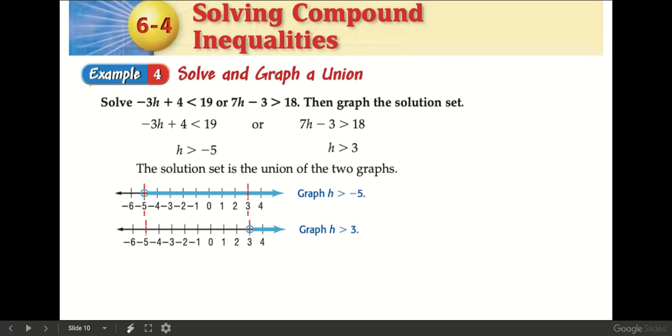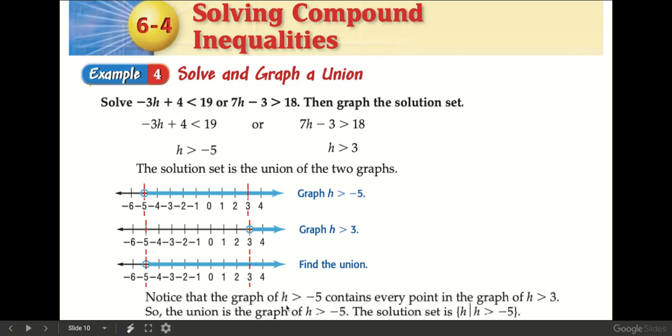So the union of these two is if I were to combine both of these together, which would actually just be this one, because if a number is greater than 3, it's also going to satisfy this one, right? So, and if it can satisfy either one of them, this is going to be my final graph because it's the union, right? I'm adding these two together, the union of these two. So that's how OR ones work.